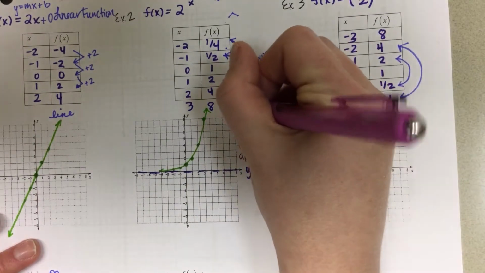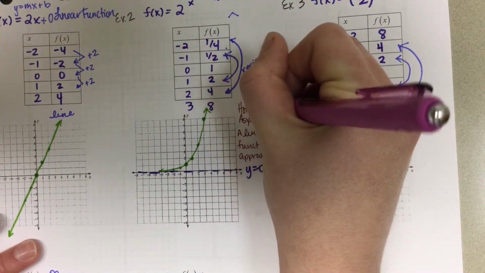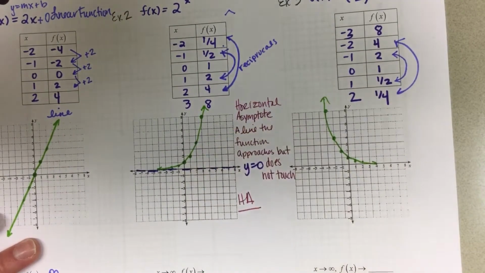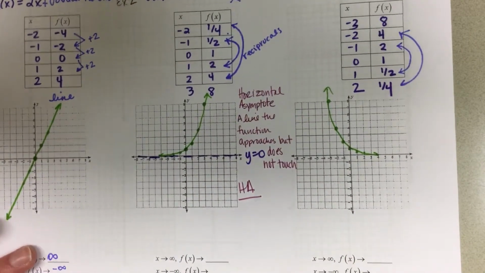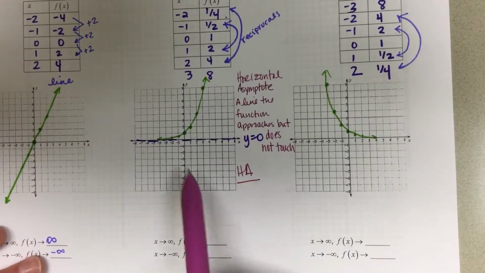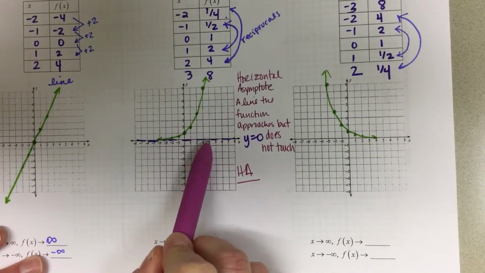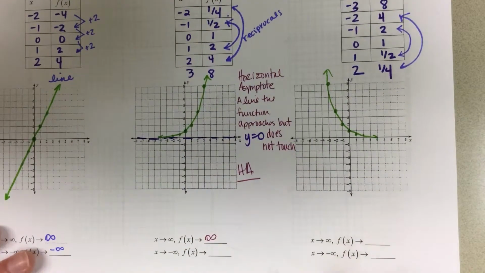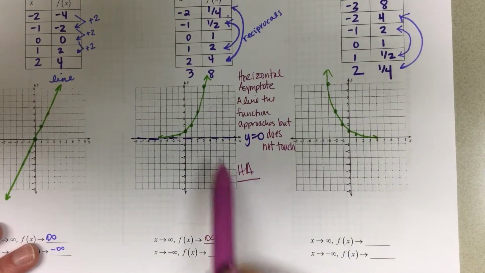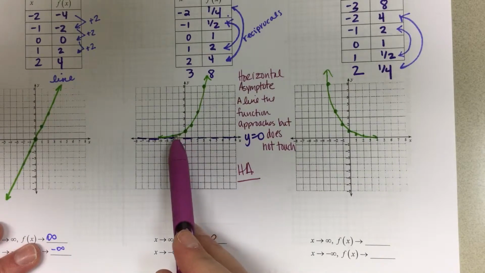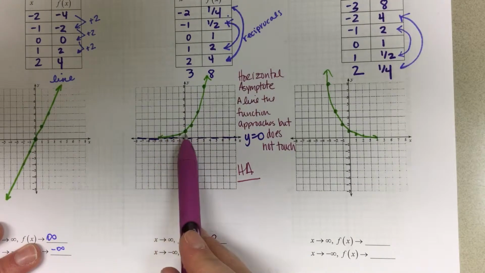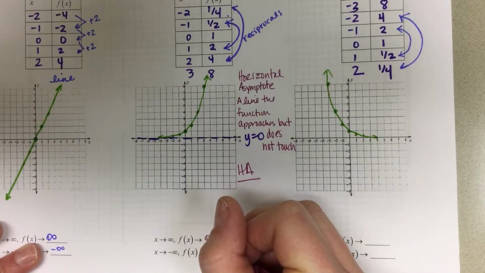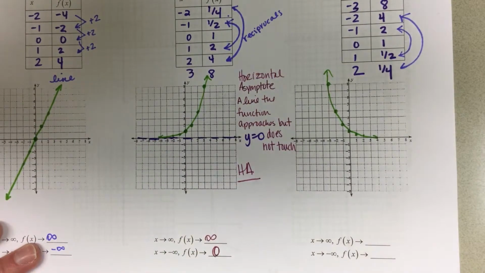And in this case, it's a horizontal asymptote, which I will refer to from here on out as the HA. Now, in this graph, as x is approaching infinity, my y's are approaching infinity. They're going to keep getting bigger and bigger quickly. Well, as my x is approaching negative infinity, this graph is going to start to level out at 0, so we're going to say that it's going to be approaching 0.